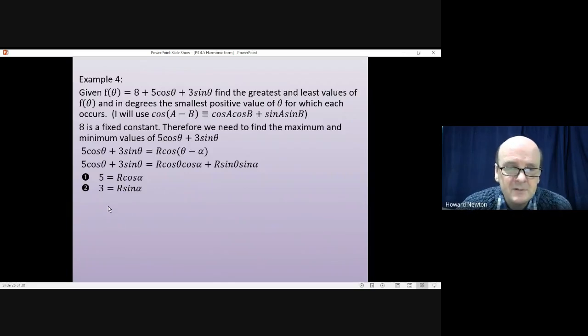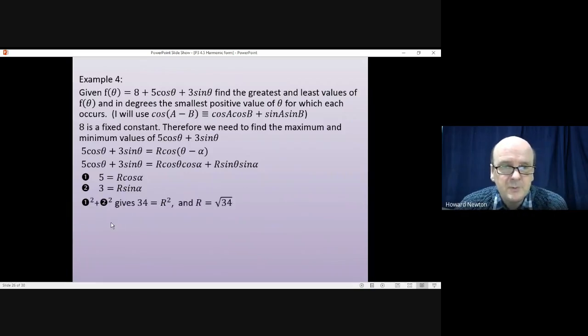We use Pythagoras to find r. r squared is 5 squared plus 3 squared. 25 plus 9 is 34. So 34 is equal to r squared, and r will equal root 34, which I'll just leave as that, rather than write it as a decimal. To find alpha, we use trigonometry.